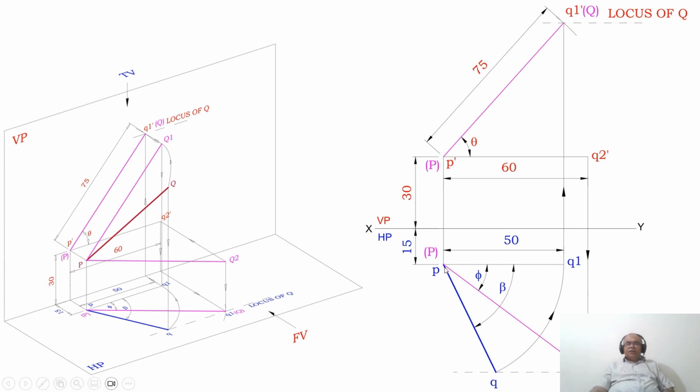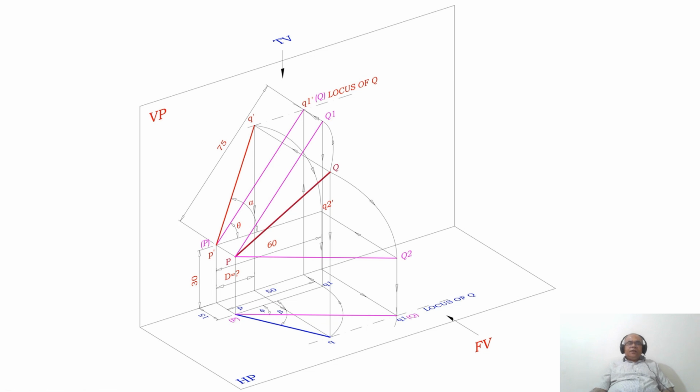By using the compass with P as center, taking the radius of PQ1, because of the locus of Q present in the top view, draw an arc such that it cuts the locus of Q in the top view. Join P and Q with a dark line. They denote that angle as beta, that is the apparent inclination with respect to VP.